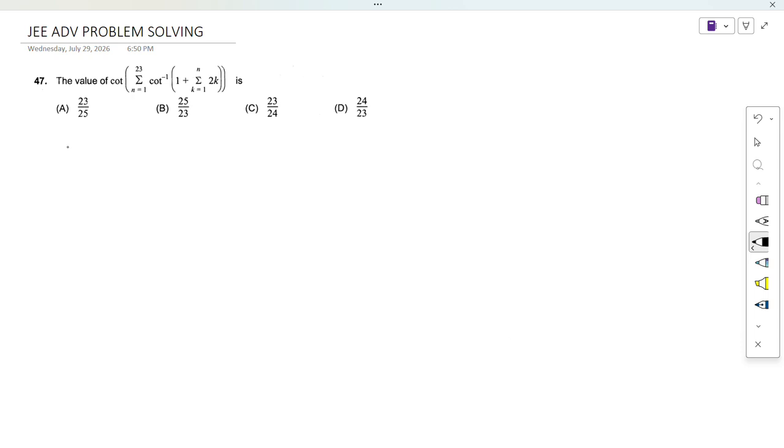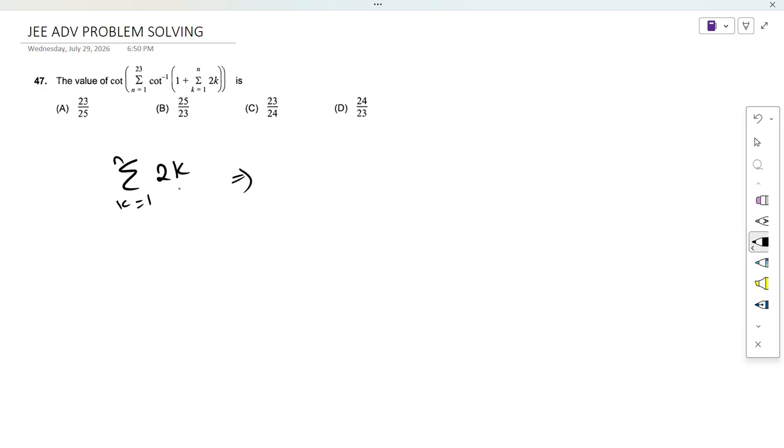The question says: find the value of cot and this summation. Let us break it into two parts. First, I'll solve this summation, which is a very simple summation where you have to sum up 2k from k equal to 1 to n.